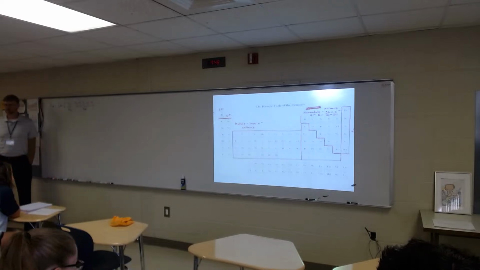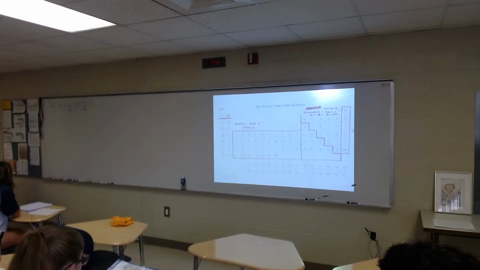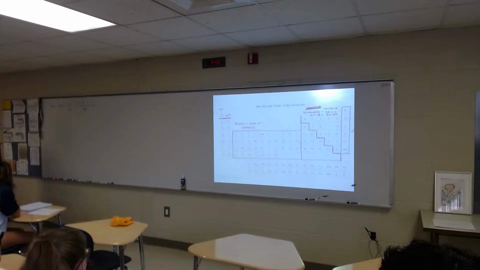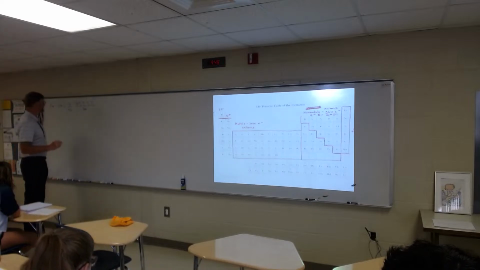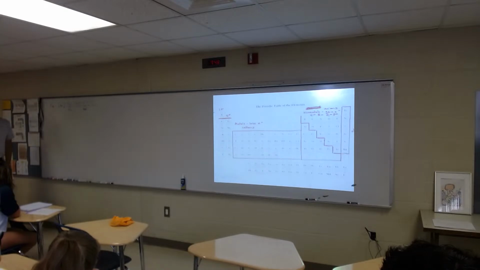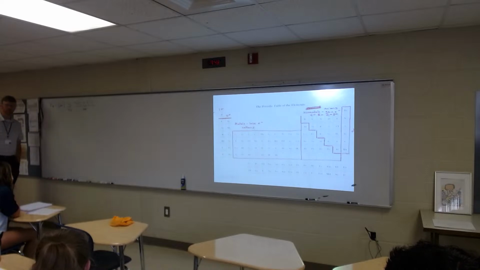okay, that's the orbital diagram for a neutral iron atom. 26 electrons. To make a stable ion, it's going to first do what every metal would do, and that's lose its valence electrons. Well, how many does it have? How many valence electrons are in iron? 2.